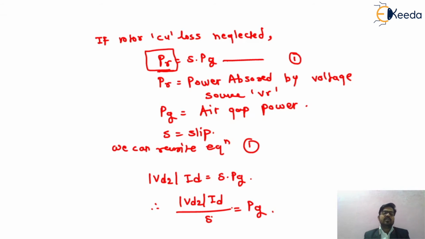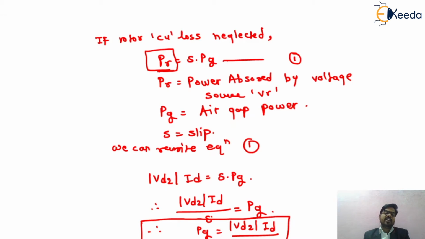So we can rewrite PG is equal to mod of VD2 into ID divided by S. So we are getting the value of the air gap power.